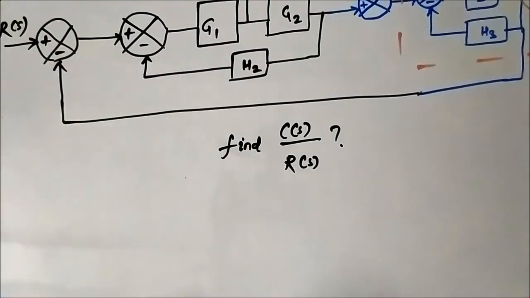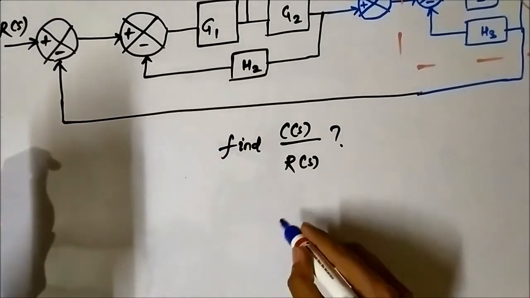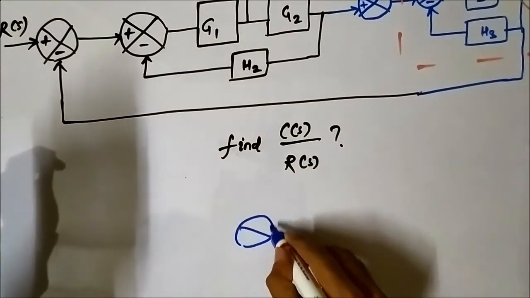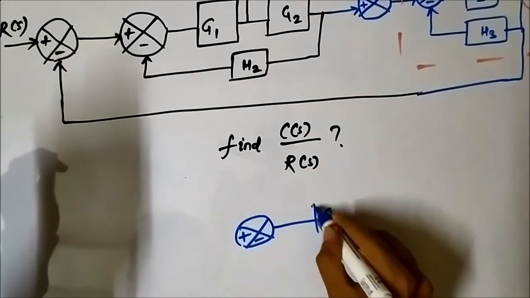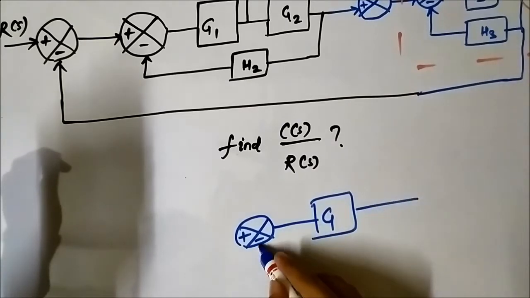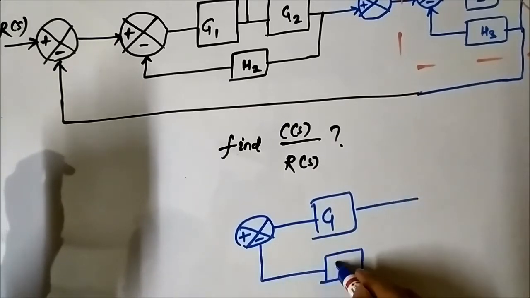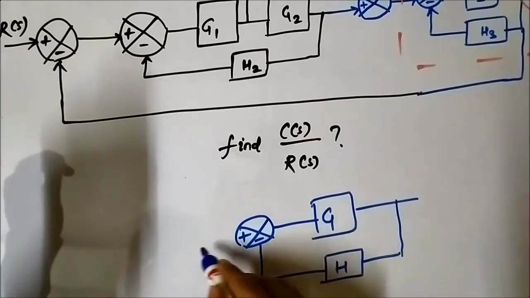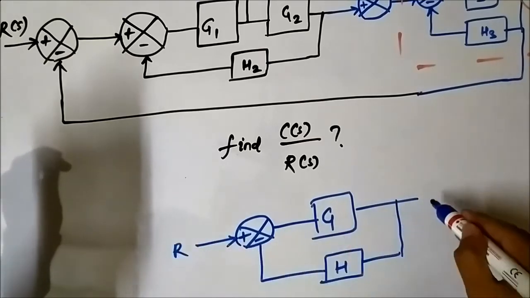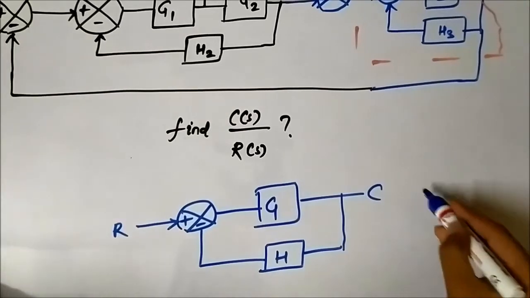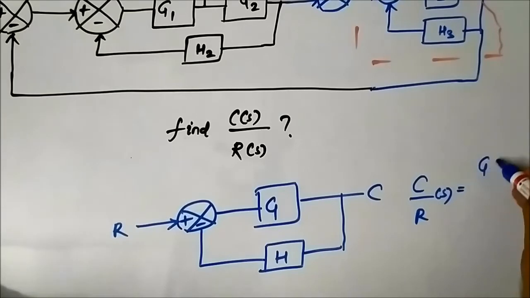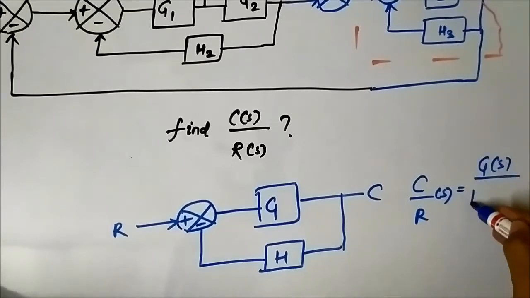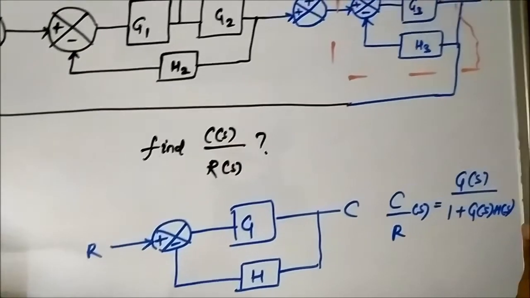Suppose we have a connection like this, with G and H. The input and output relationship is G(s) by 1 plus G(s)H(s), isn't it?